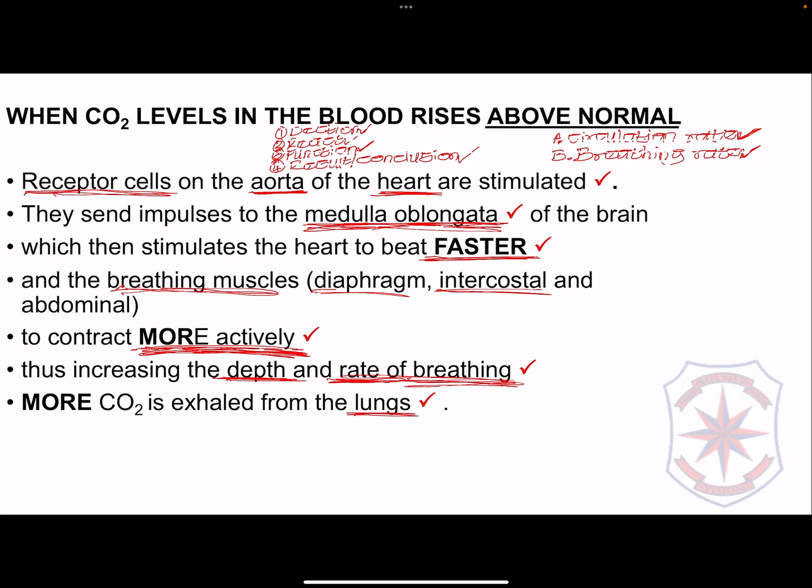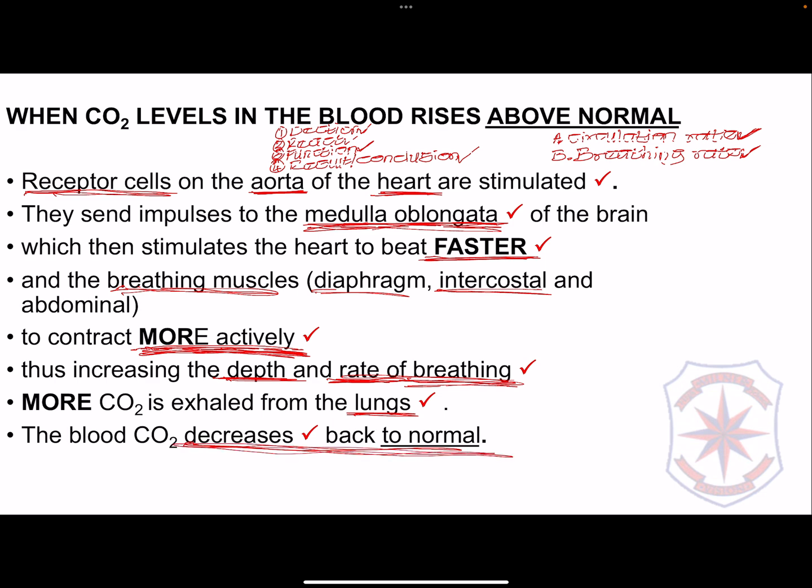Okay, guys, let us look at the following slide. And, the last one, that the blood CO2 decreases back to normal. Don't say goes back to normal. You must say decreases back to normal. Let's look at it again in the following slide.